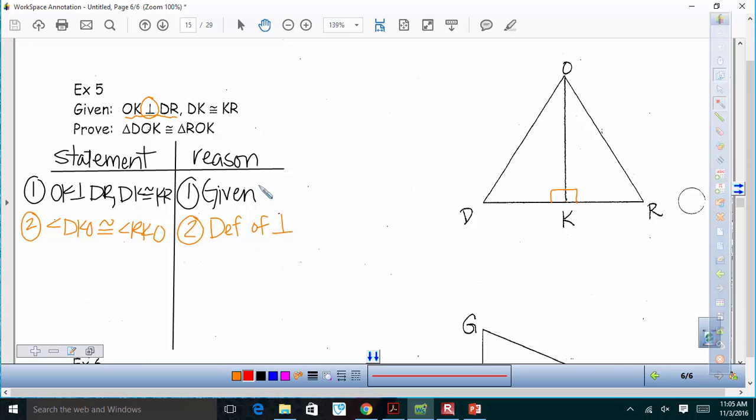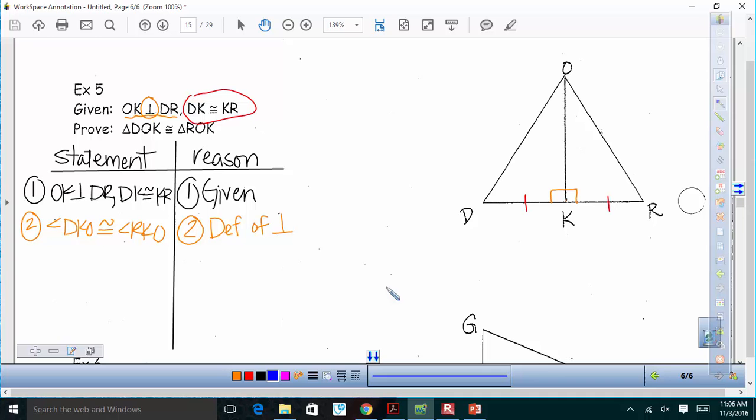Okay, the next thing that I want to label is DK is congruent to KR. So DK is this piece right here, is congruent to KR. Now, do I need to write that in my proof? No, because it's just given to me. Okay? So now we've done everything in our given, so we have to look at what's implied by the picture.